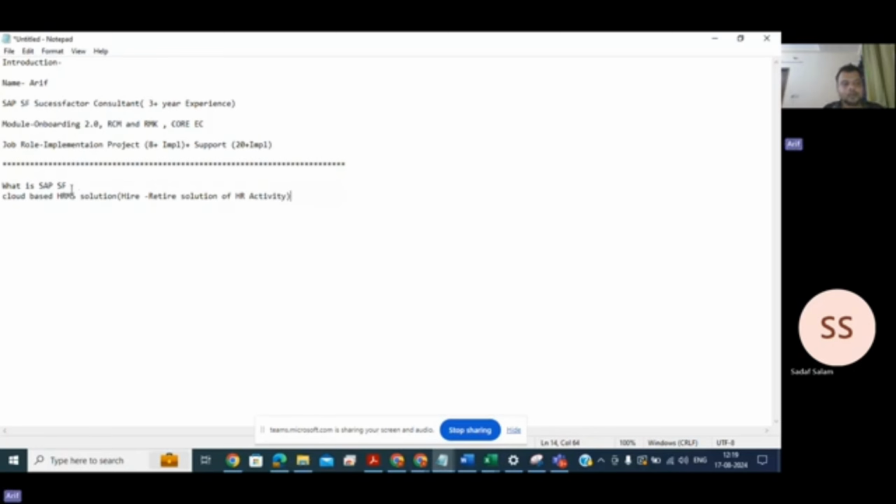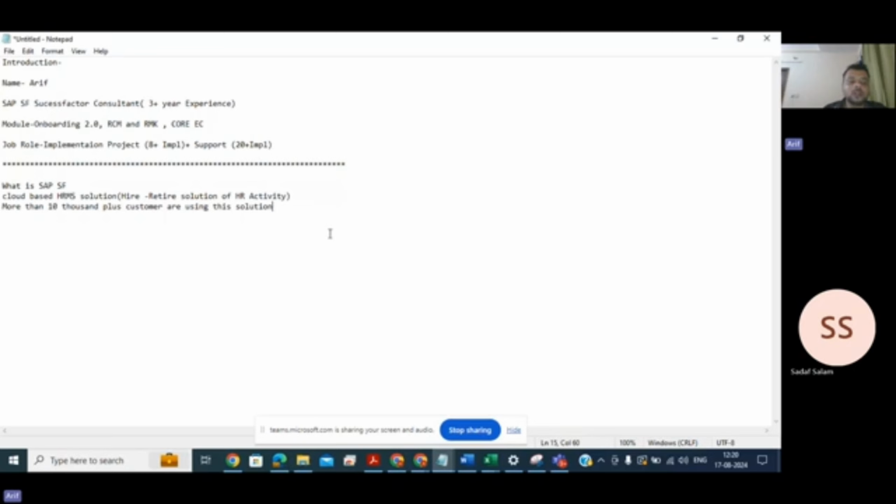So SuccessFactor is a cloud-based HRMS solution which deals with the complete hire to retire solution of HR activity. Currently, more than 10,000 plus customers are using this solution.